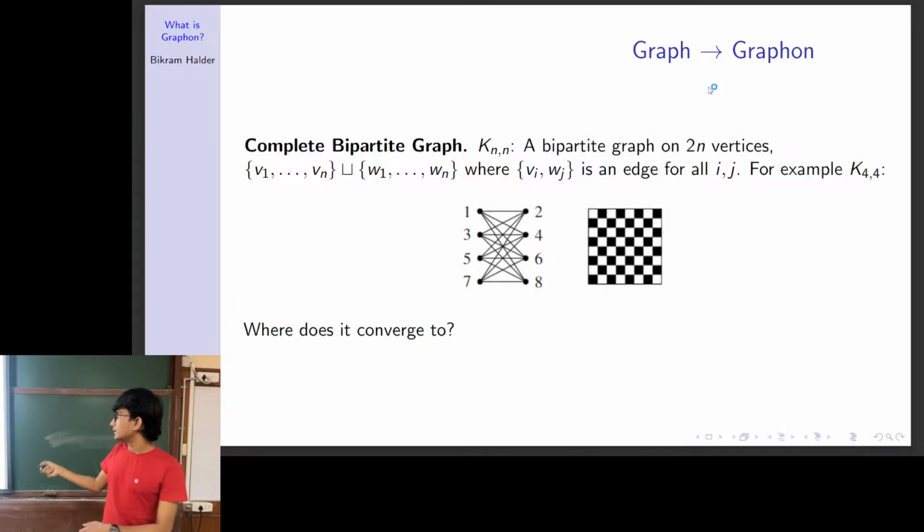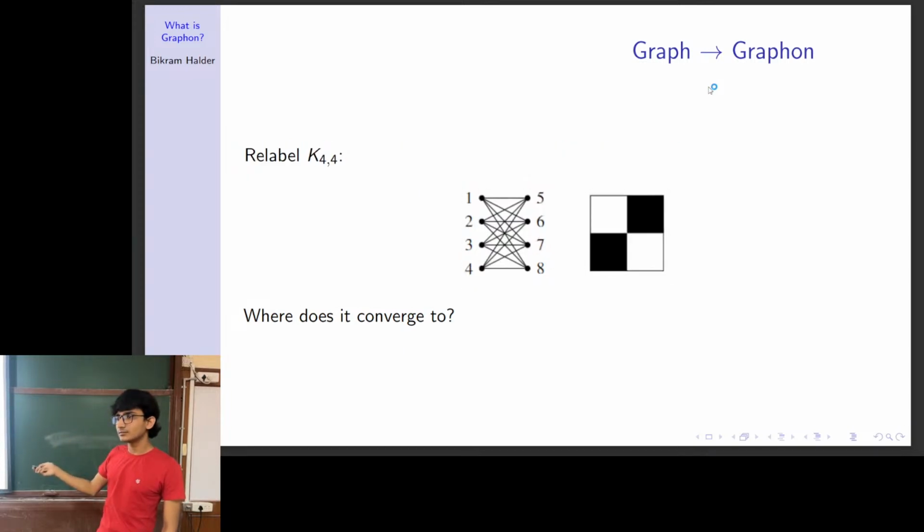We took odd numbers in one partition and even numbers in the other partition, and we labeled accordingly 1, 2, 3, 4, 5, 6, 7, 8.